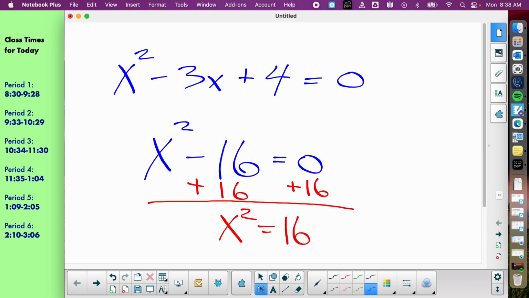Right? 4 squared is 16. Did your brain really shut off? I'll be honest, it looks like your brain is completely shut down. I am really glad I gave the test on Thursday now. On this top one, if I subtract a 4, why can't I find the final answer if I just subtract 4?